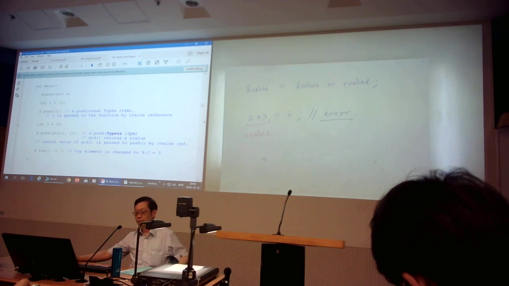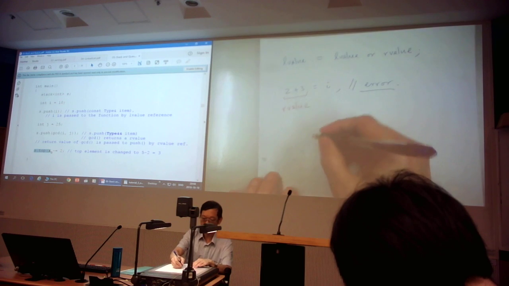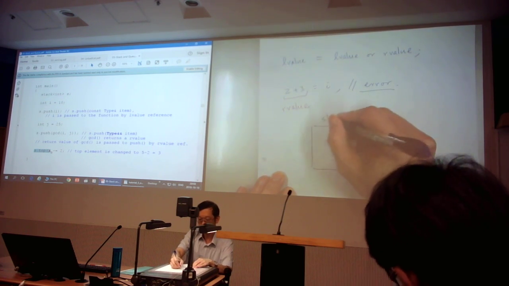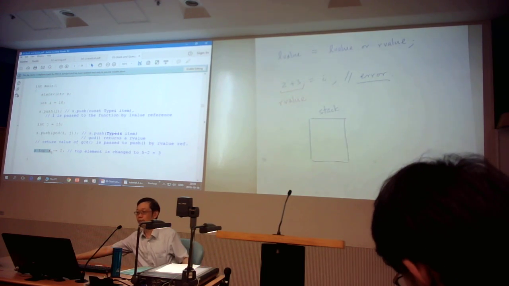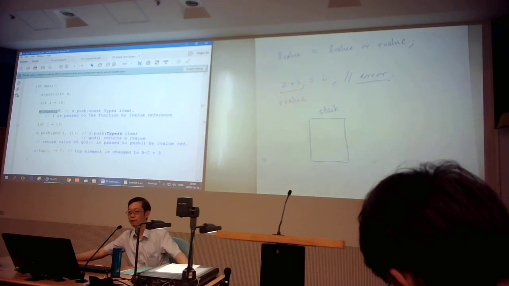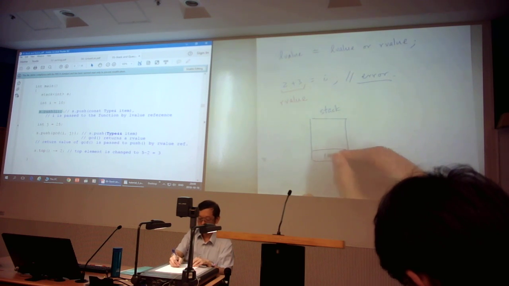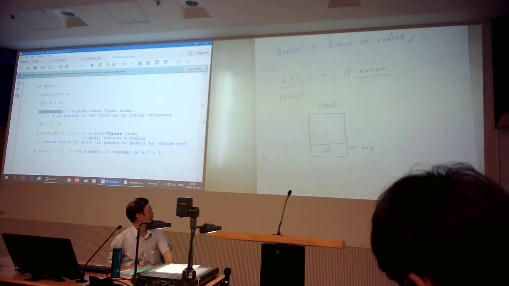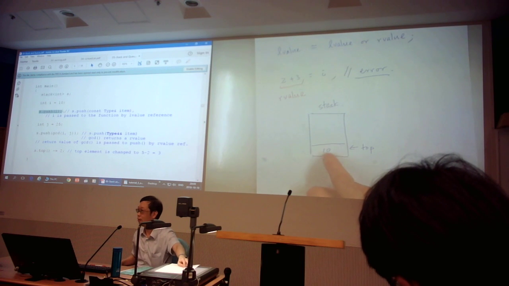Now, let's see the top function. When we have the stack, the first statement, push I. After the first push, we have the value 10 in the stack. And the top element in the stack is the value 10.